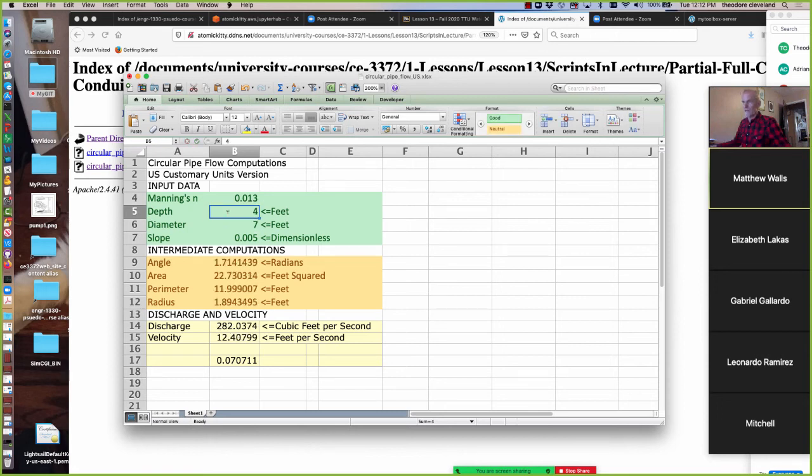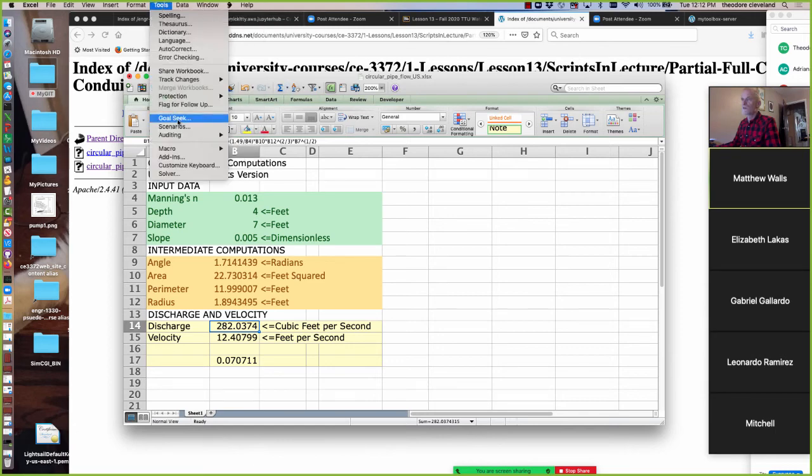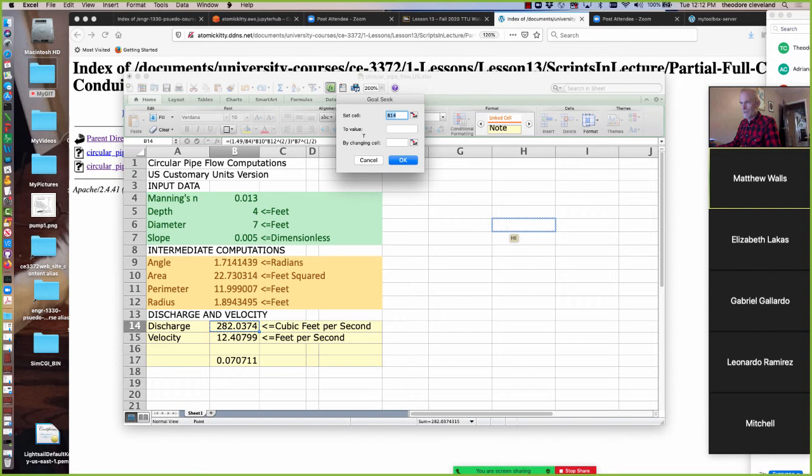We're trying to get 304, so we could use our goal seek tool, which should be tools, goal seek. I want to make that equal to 304, my design flow. I'm going to do that by changing the depth. Press the okie dokie button.